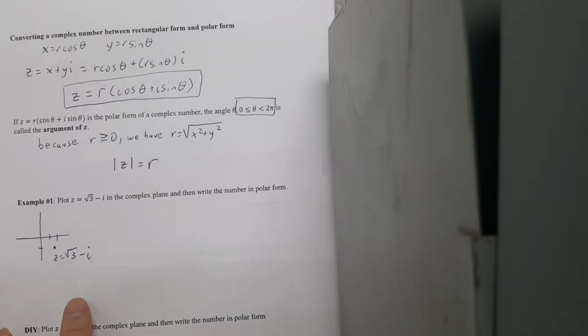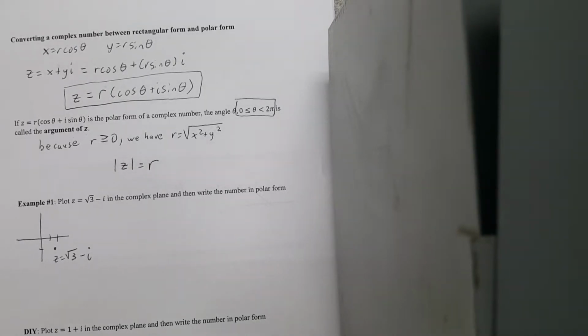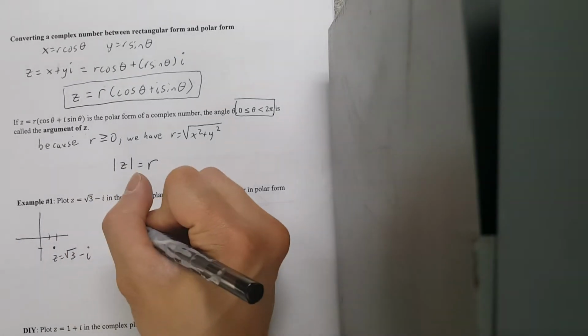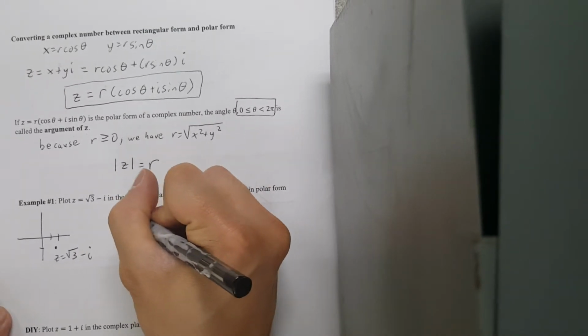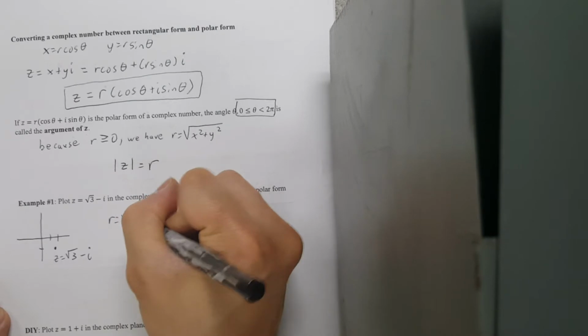Now, if we want to write this number in polar form, I know it's in quadrant 4. So if I want to write it in polar form, I need my r and I need my angle. Well, r is pretty easy. It's the magnitude of z, right? So r is equal to the square root of x squared plus y squared.